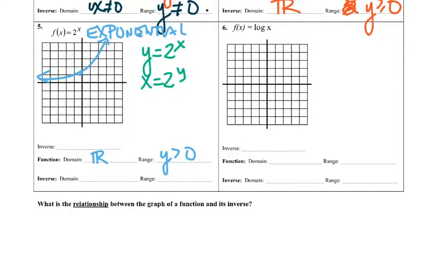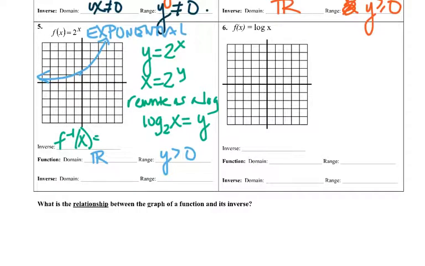Now to solve for the new y, I'm going to just rewrite this as a log. The log base 2 of x equals y. We've done this before. The inverse of an exponential is a log, right? And it comes down like this, with x greater than 0, and then all real numbers.